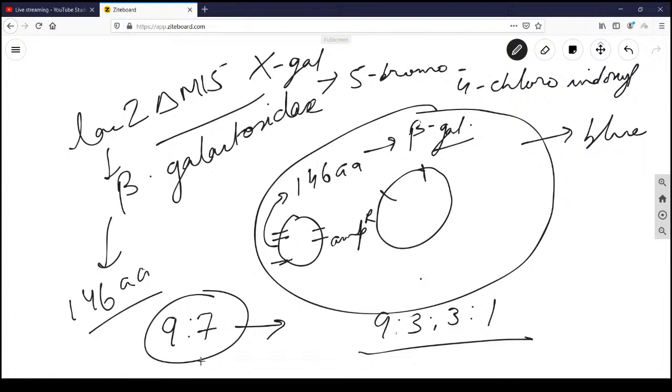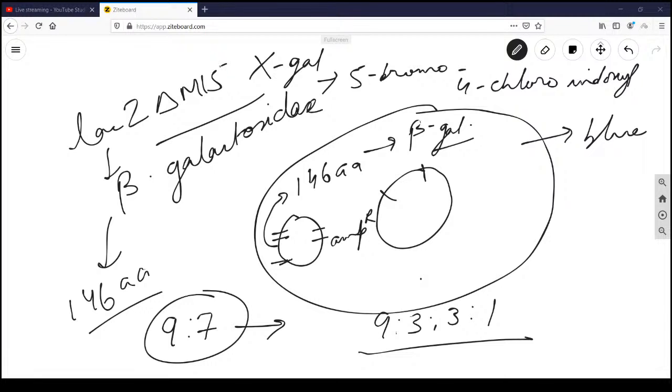Now the next question you can have is independent assortment of genes, right? That is the next question.